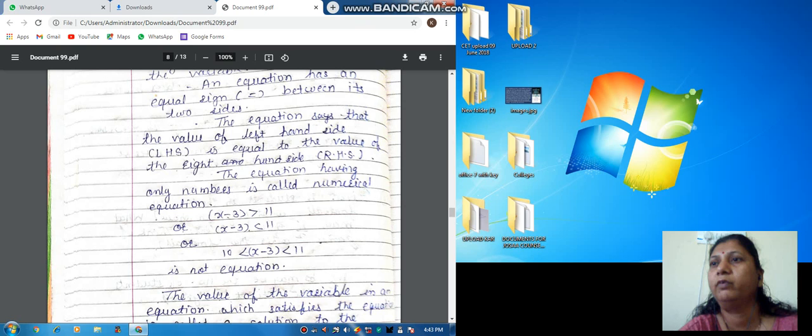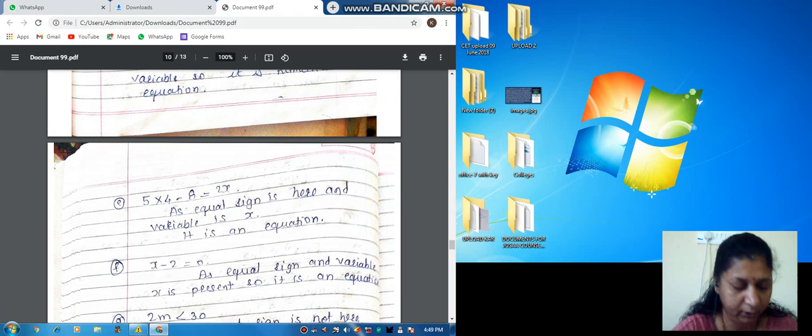It is an equation. Second, t minus 7 is 5. T minus 7 is greater than 5 is not an equation. Now 4 upon 2 is equal to 2 is a numerical expression, so it is a numerical expression. Now there is the variable x minus 2 with an equal sign, so it is also an equation.